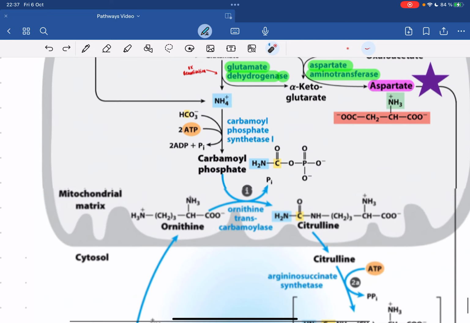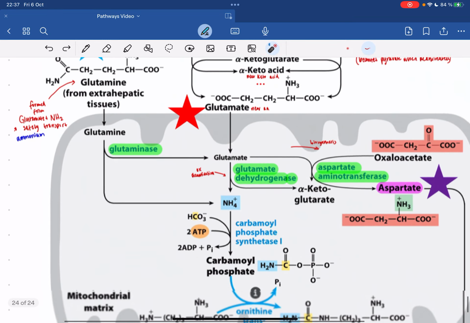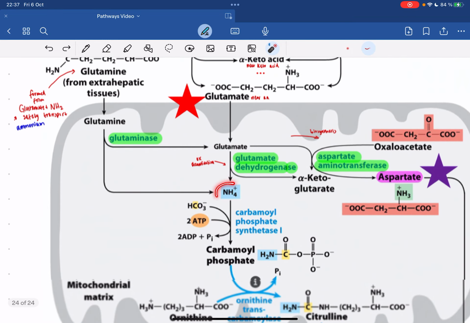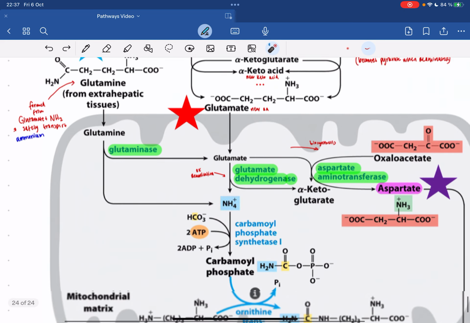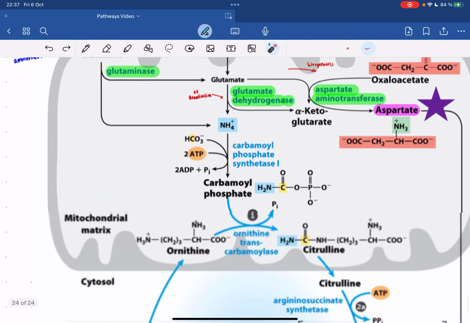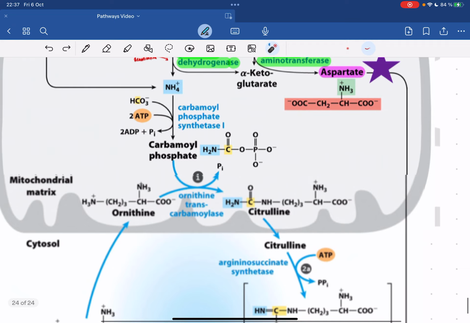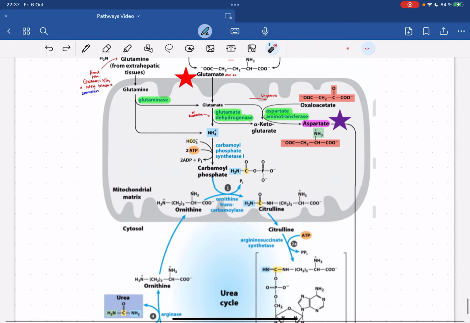But first, remember the carbamoyl phosphate sort of acts as the shuttle of ammonia. It takes on the ammonia that is released from the glutamates and the glutamines inside of the liver, and it is going to react with this ornithine molecule right there.